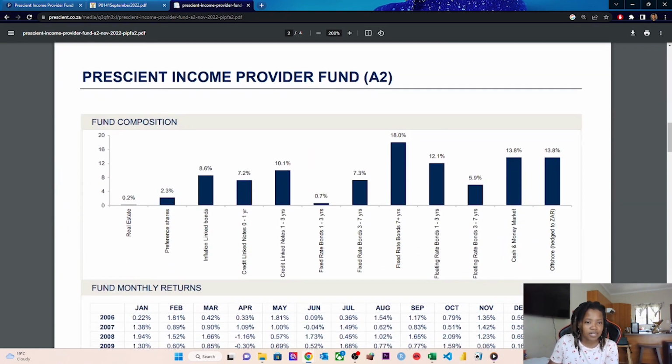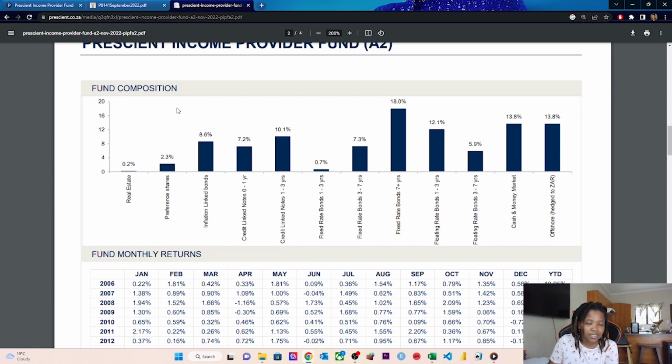Prescient Income Provider Fund, right? This is basically what their holdings are. Think of them as their holdings. You've got real estate, which is a very small portion. You've got fixed rate bonds with a duration of 1 to 3 years at 0.7. You've got fixed rate bonds of 7+ years at 18%. So they are holding quite a bit of that, right?